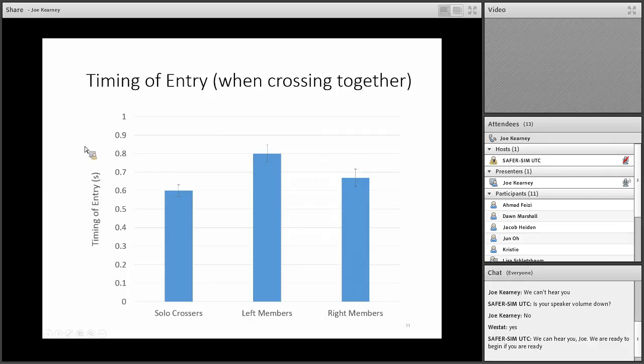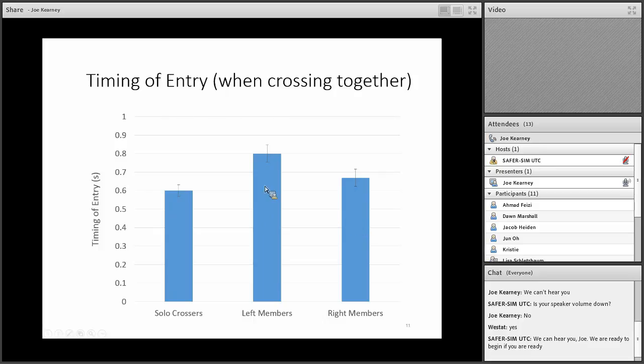So now with respect to timing of entry, this shows the solo crossers, the left crossers, and the right crossers. The thing that stands out here is that the left crossers entered the road relative to the lead vehicle, that is, the time after the lead vehicle passed them, much later than did the right crosser.